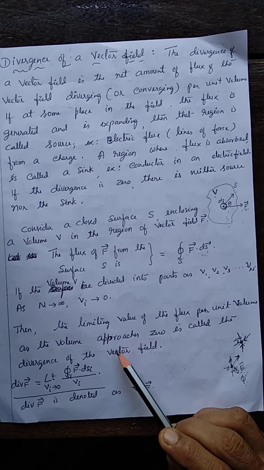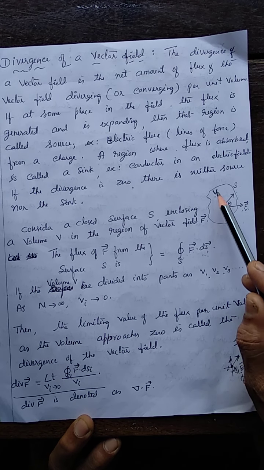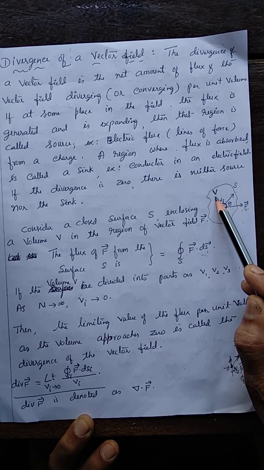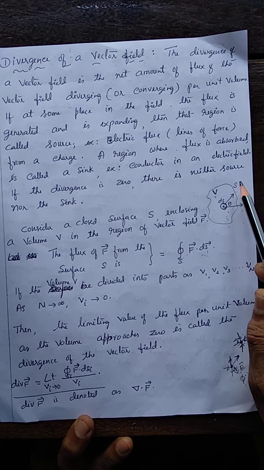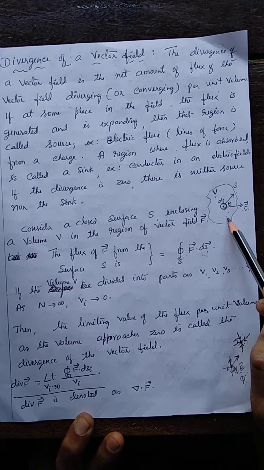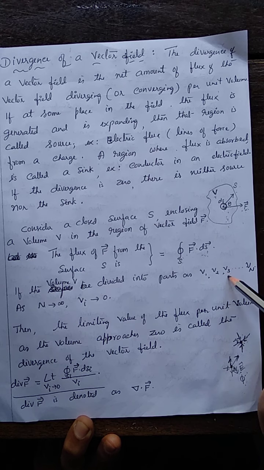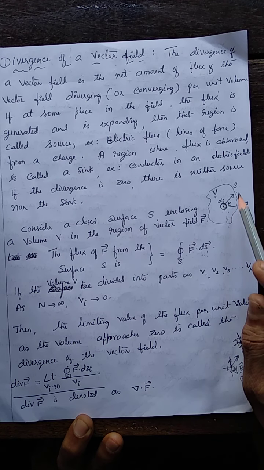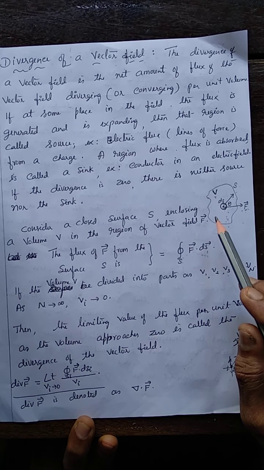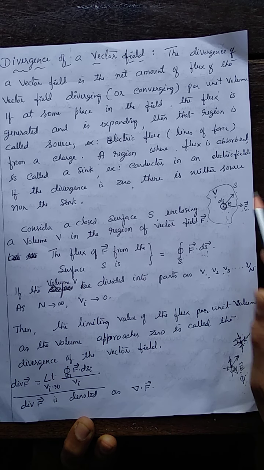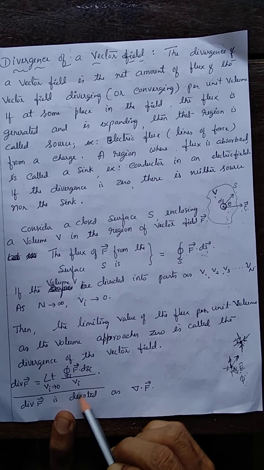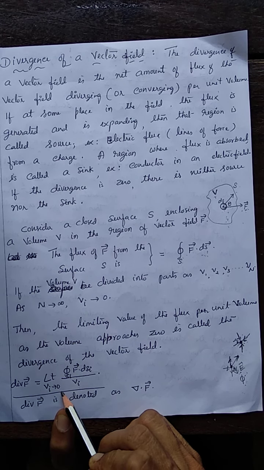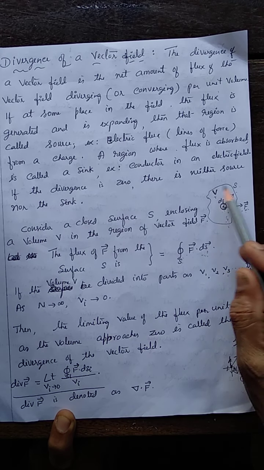The limiting value here: see, the total volume is V. Divide it into small parts having volumes V1, V2, V3, etc. Let one of the parts have volume Vi, and let Vi tend to 0. It means the volume is so small that it approaches 0, such a small volume into which we divide the whole region.